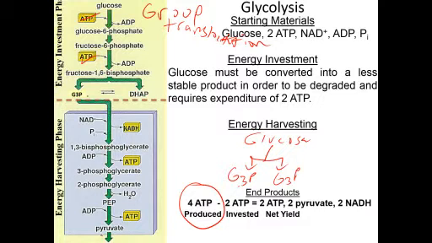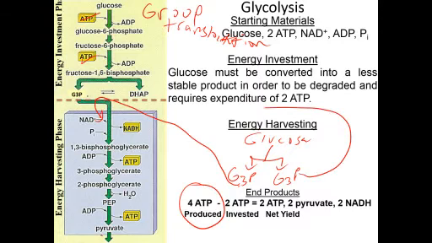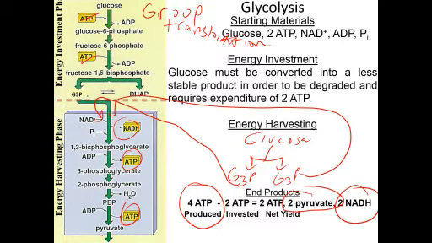Each of these enters this process, and for each G3P molecule you get 1 NADH and 2 ATP. So you get a total of 4 ATP, a total of 2 NADHs, and a total of 2 pyruvate molecules.